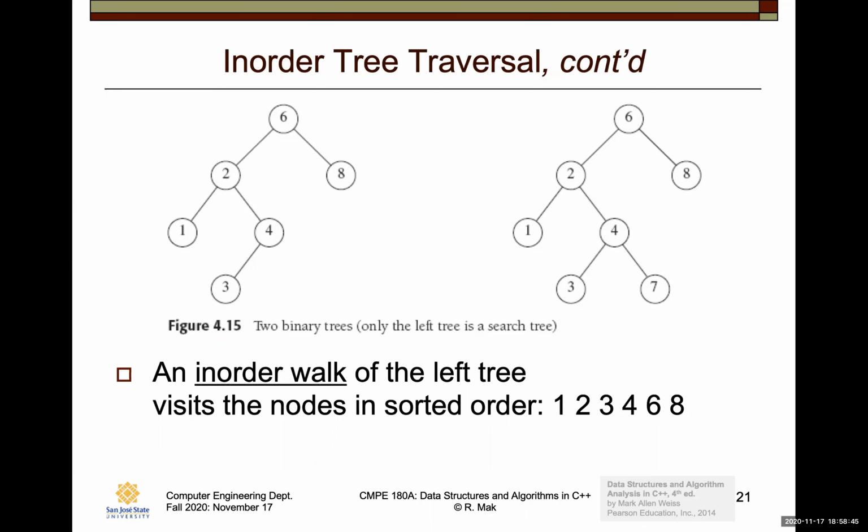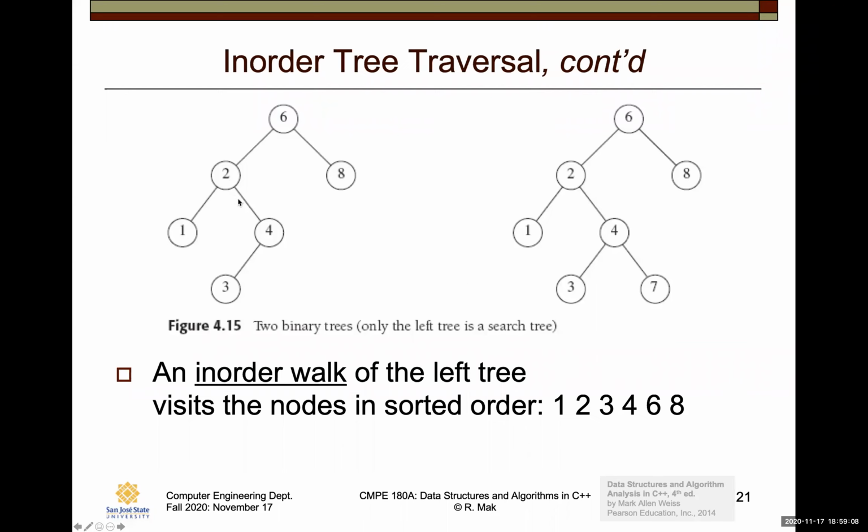All right, let's take a look at this tree on the left, which is a binary search tree, or a BST. Let's do an in-order walk. We start with 6. This is the left, so we write out the 1. Now we visit the parent, which is 2, so write out 2.